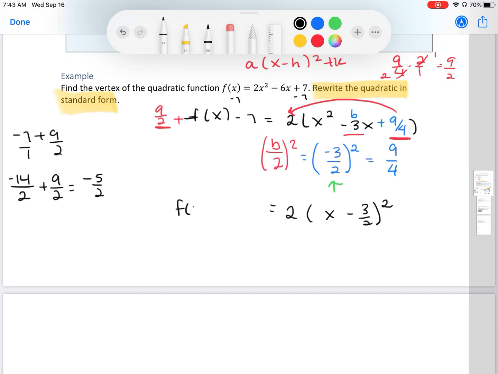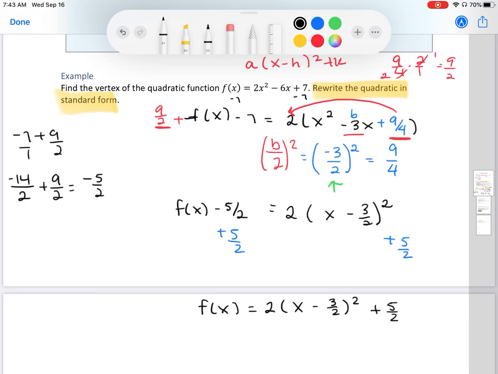So we have f of x minus 5 over 2. We want f of x back by itself, so we add 5 over 2 to both sides. And we're left with f of x is equal to 2 times x minus 3 over 2 squared plus 5 over 2.